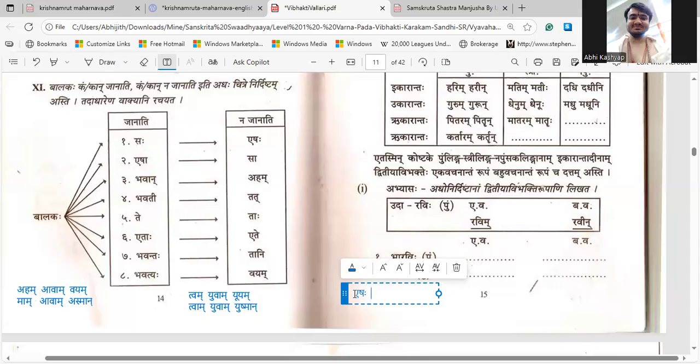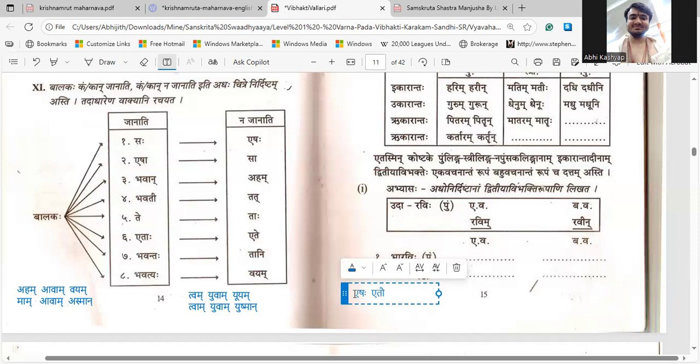We are indicating visarga. If you remember, Ramau came, so instead of eshau, it will be etau. Takara will replace the shakara over here. So it is etau. And then ete will come for Prathama Vibhakti, Bahuvachana, for this pronoun.